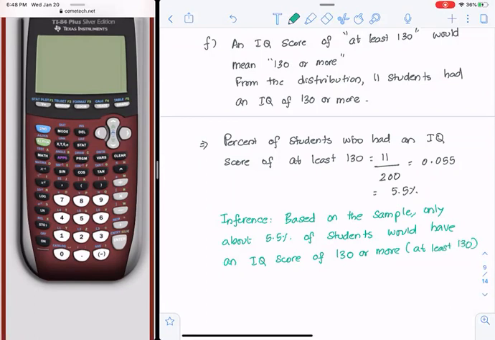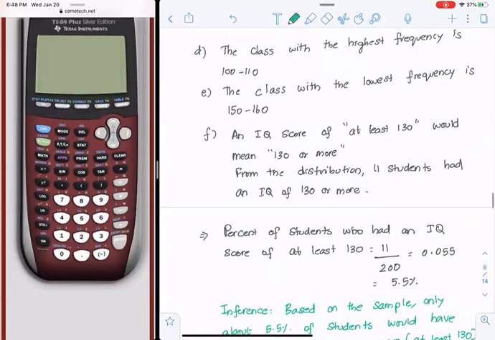So that's how we would interpret the answer that we have. Excuse me, inference simply means interpretation. How are we interpreting the answer that we just got?